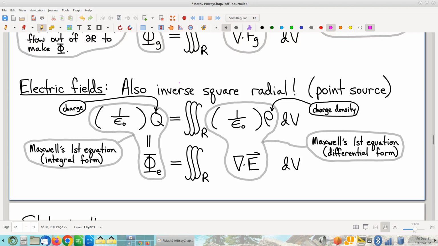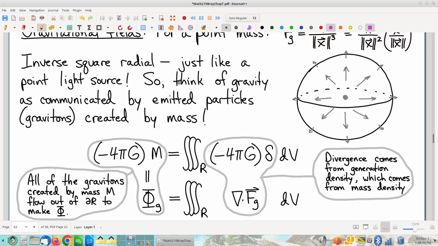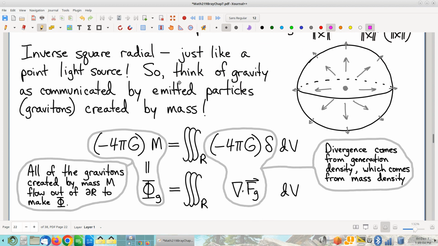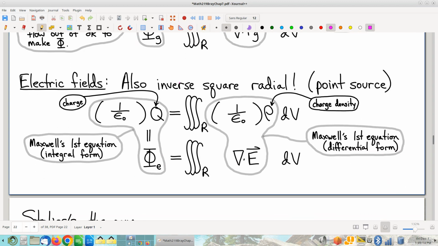Very hard to relate to. I always just think, okay, well, charge is kind of like mass. Electric field, kind of like gravity. So all of these ideas about mass and gravity give you an intuitively relatable model for understanding electric fields.